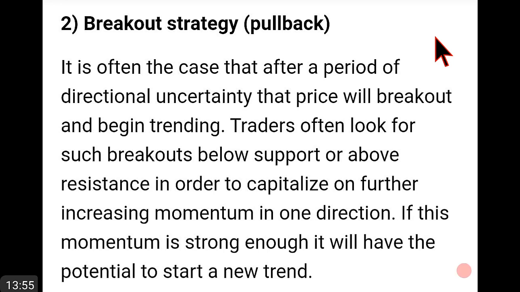So you need to be sure how the breakout is. It's often the case that after a period of consolidation, the price will break out and begin trending. So from a range market, price usually tends to go on a trend.